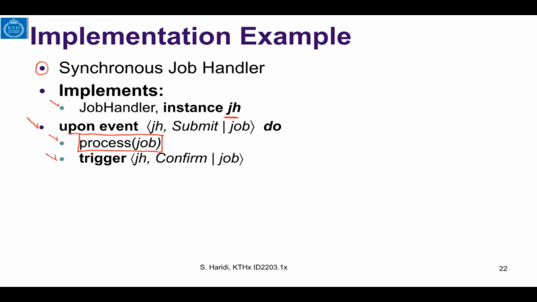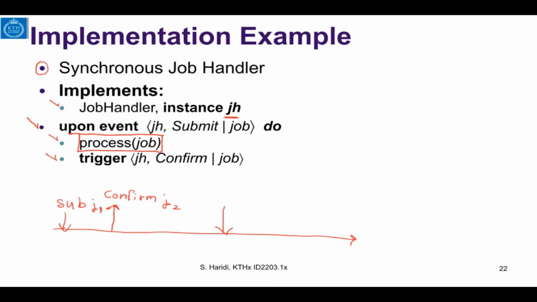So first we did a process, and this is, in a sense, a correct implementation because it accepts submit events and triggers confirm events. As you can see in this execution, for every submit event we will immediately get a confirm. You submit job J1, we get a confirm J1.